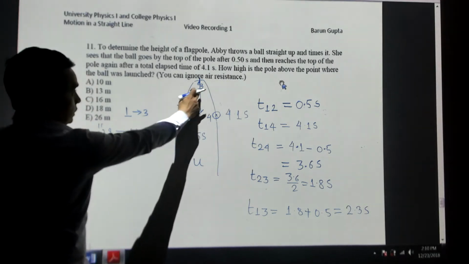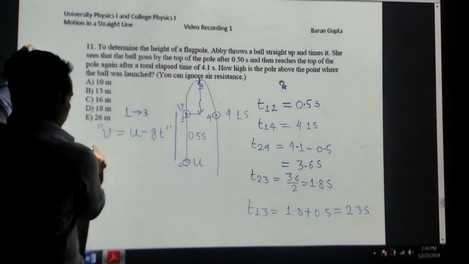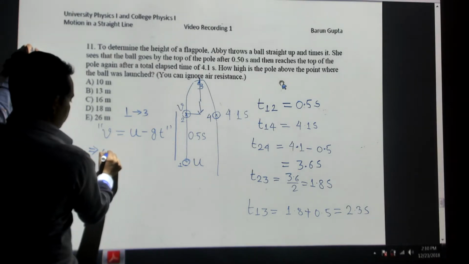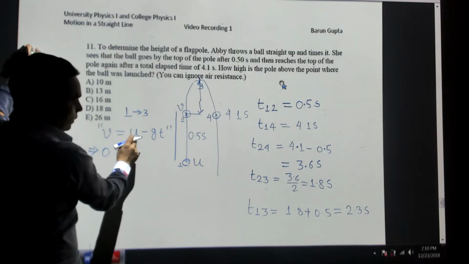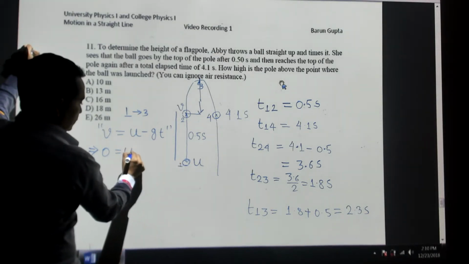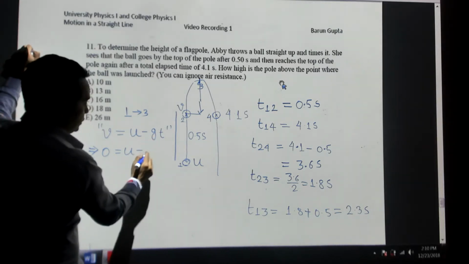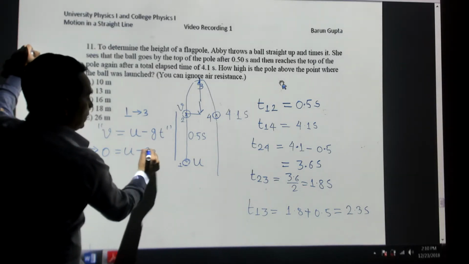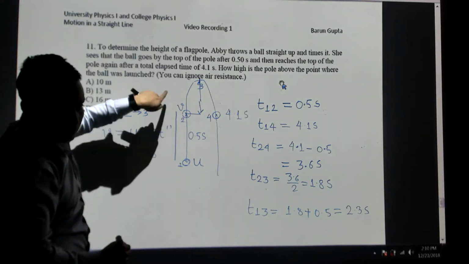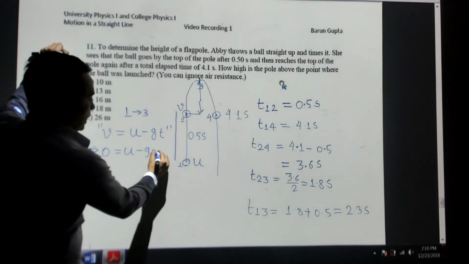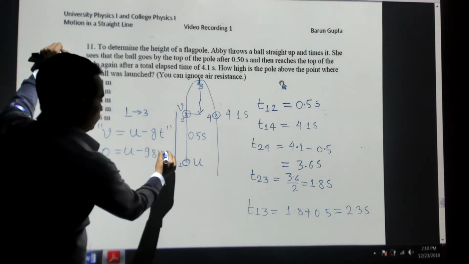So this is the velocity at point 3, which is 0. The initial velocity is u. You know the value of g, 9.8. The negative sign is because it is moving upward. That's why I choose the negative sign. And the time I know is 2.3.